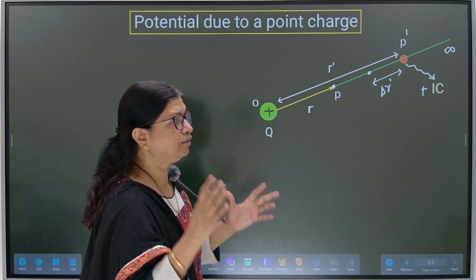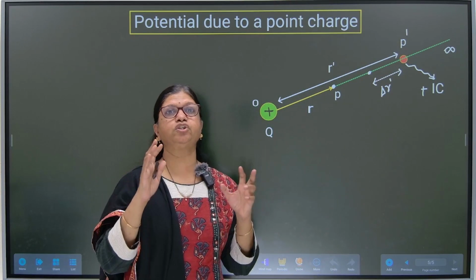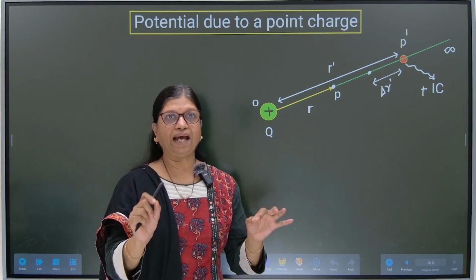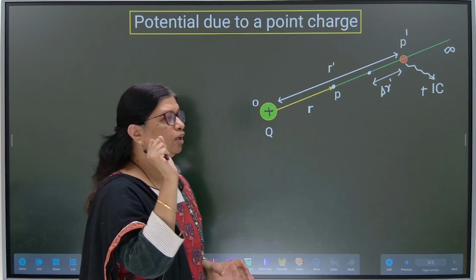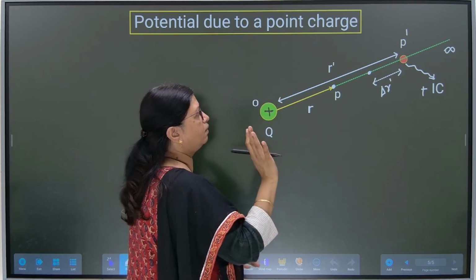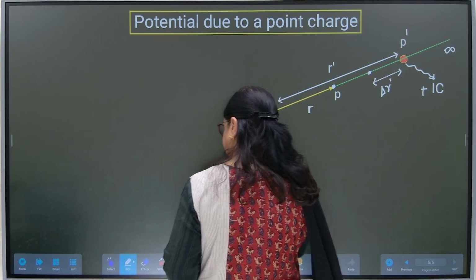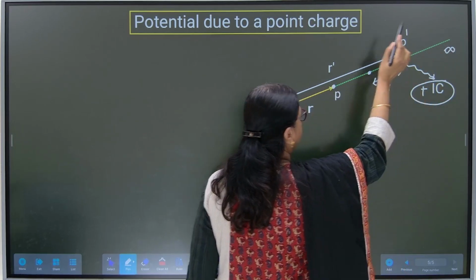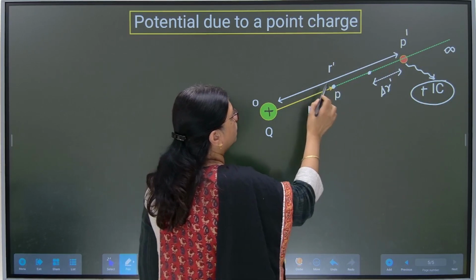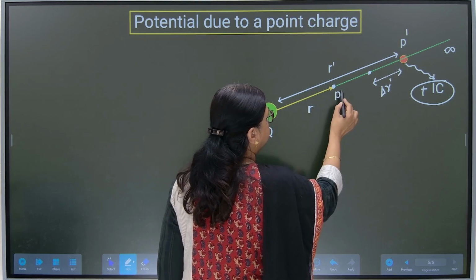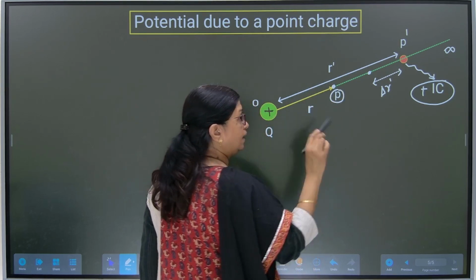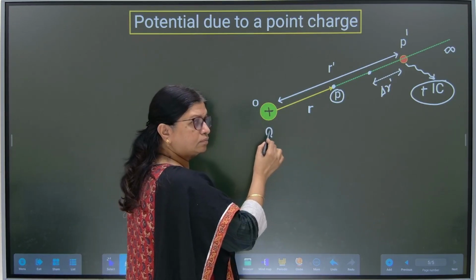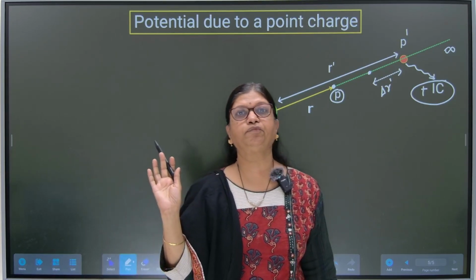Let us go back to the revision of what is the meaning of potential. As per our remembrance, the meaning of potential is bringing a unit positive charge from infinity to the required point P in the vicinity of a charge Q, which has its own electric field.